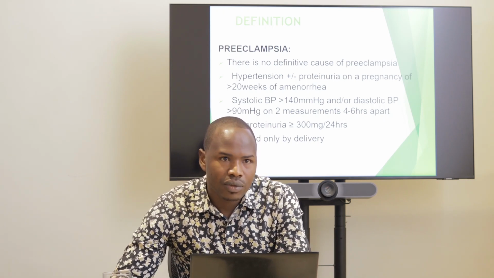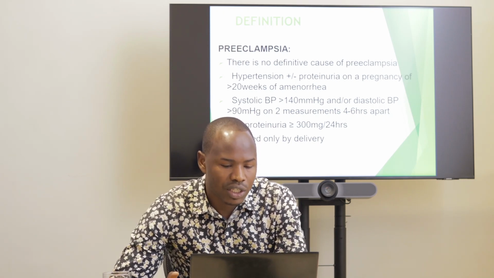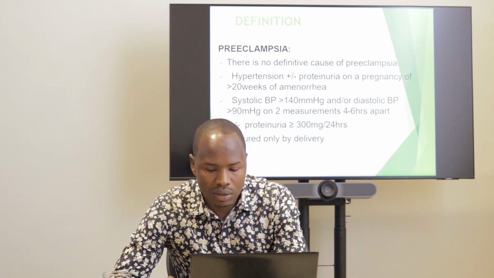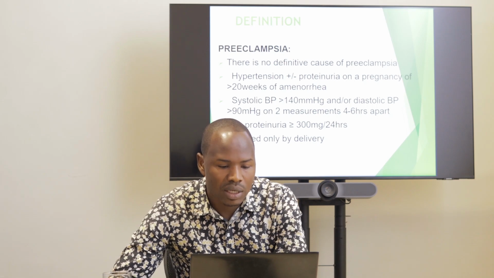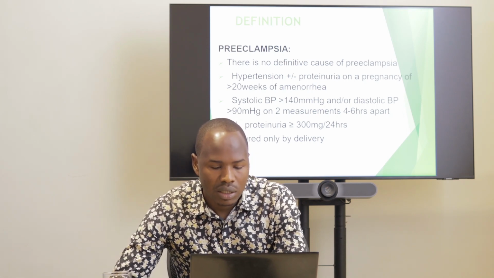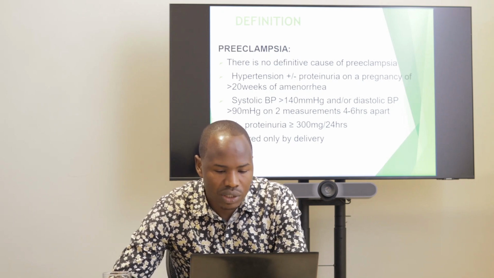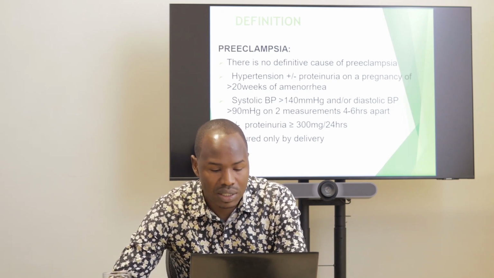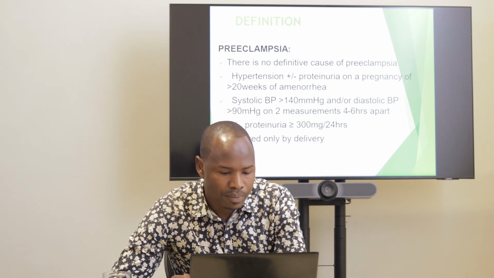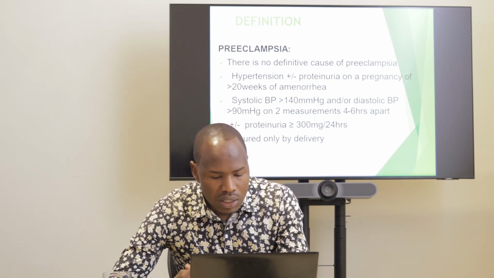When you have hypertension with proteinuria, we say there is proteinuria when protein in urine is greater than or equal to 300 milligrams per 24 hours, per day of collected urine.